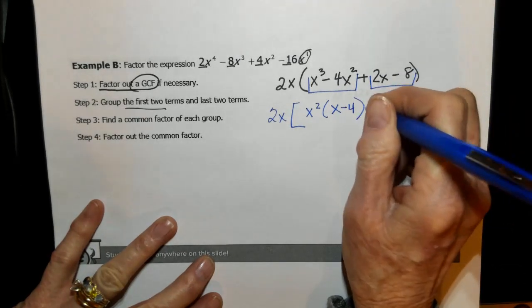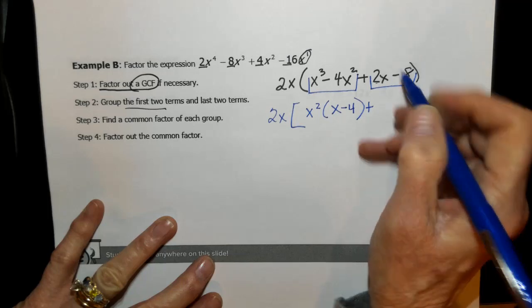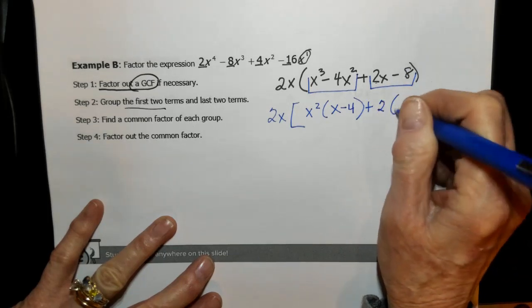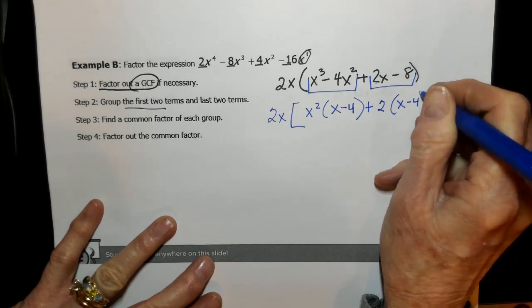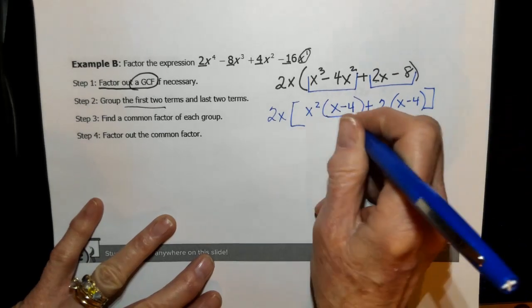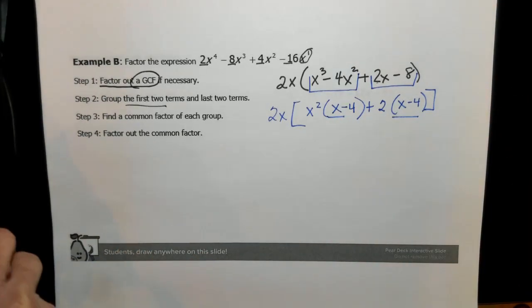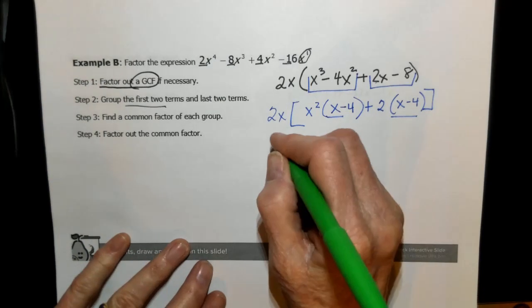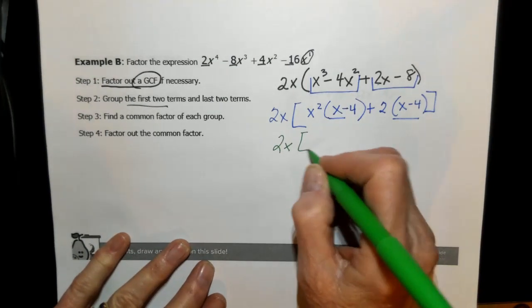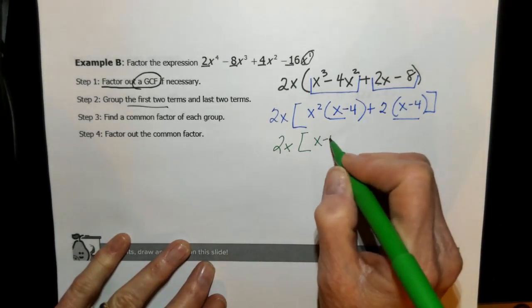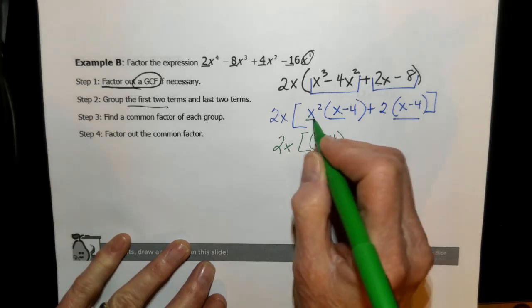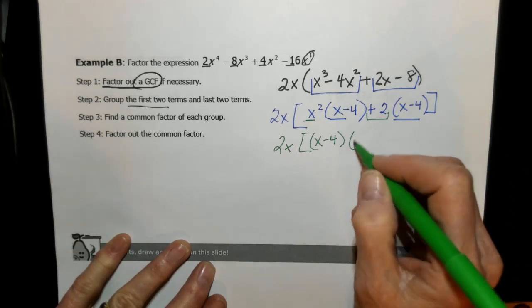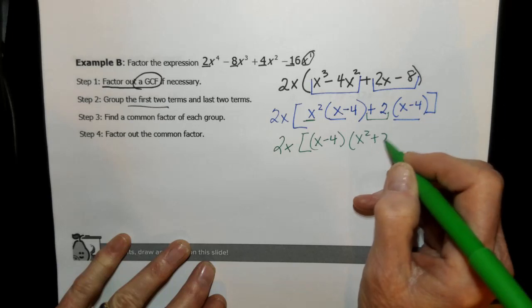And we add the plus, and the GCF here is a 2, and we're left with x minus 4. Oh, they match. That's what we want to see. And if they match, we leave the 2x here, and we write the x minus 4 first. And then remember, these guys come second.